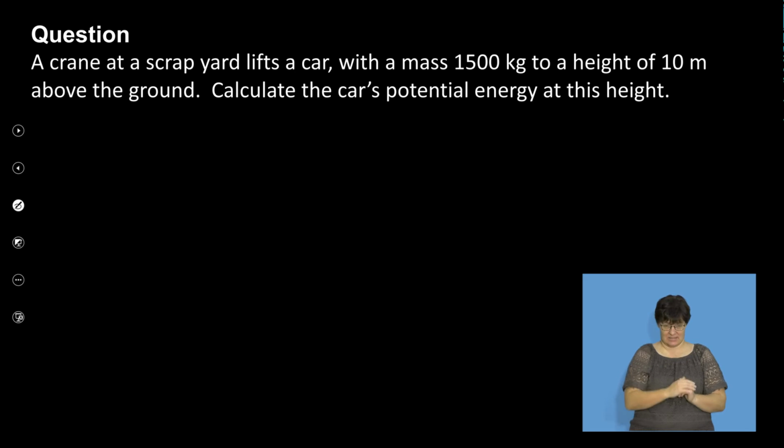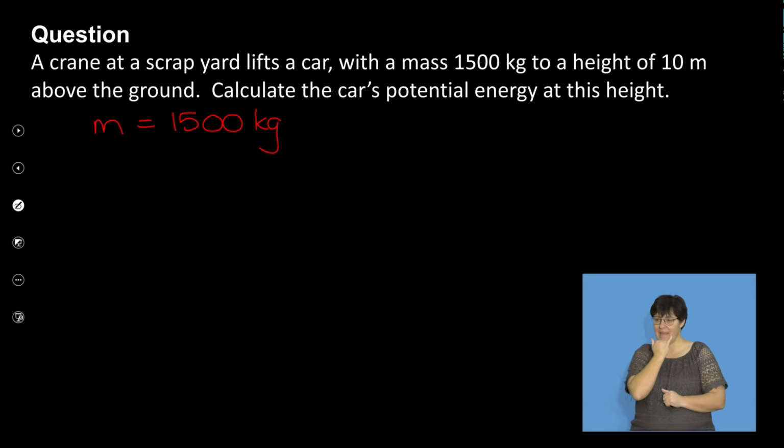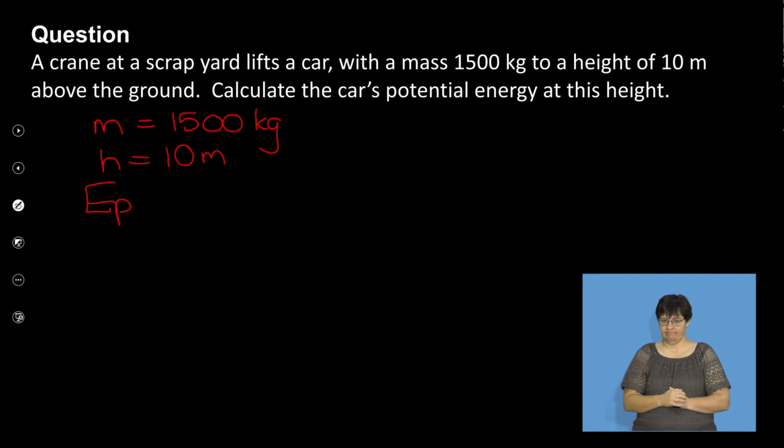We like questions like this, so let's write down what we know. Mass, 1,500 kilograms. We're happy because it's in kilograms. Height is 10 meters, and they want potential energy. We know potential energy is mass times gravity times height.